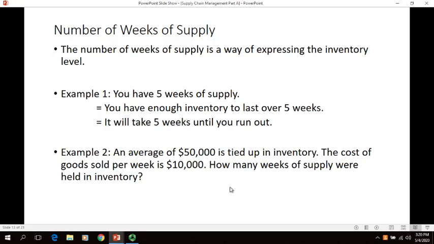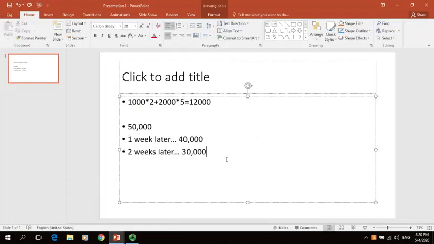And can you derive a formula for the number of weeks of supply? So in this example, what did you do to compute this? You took 50,000 and you divided by 10,000. So in other words, you took AAIV and you divided by the cost of goods sold per week.